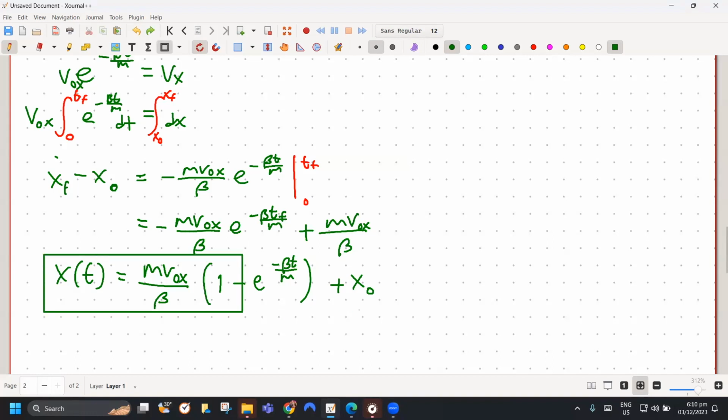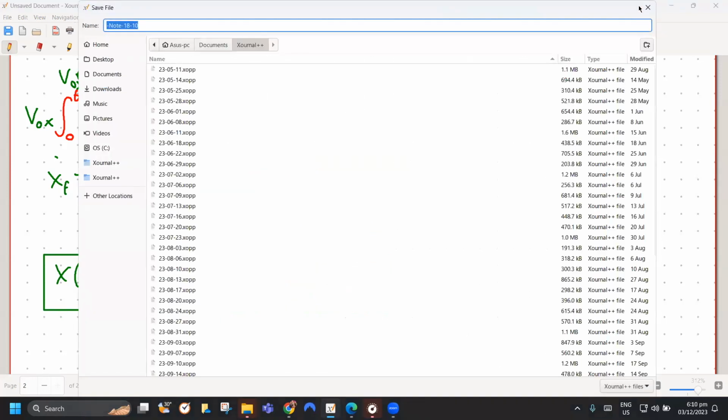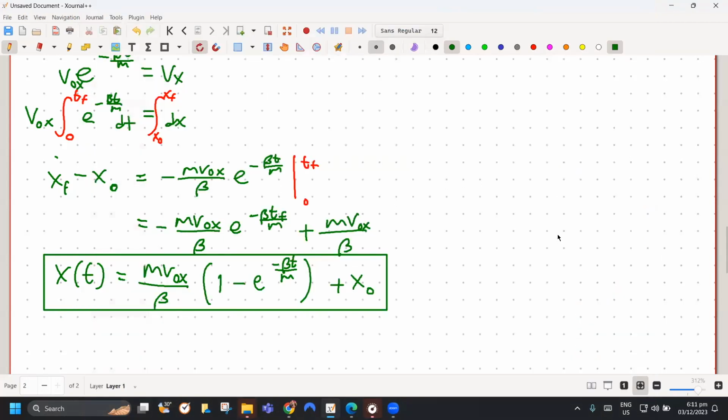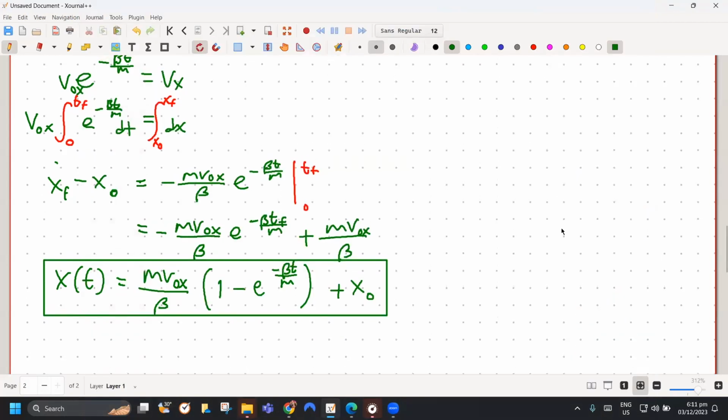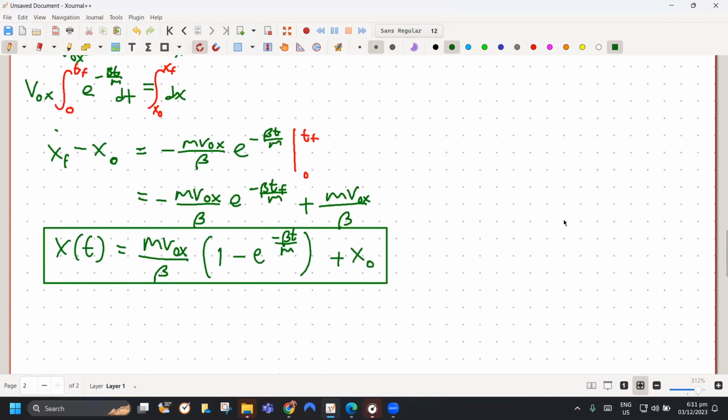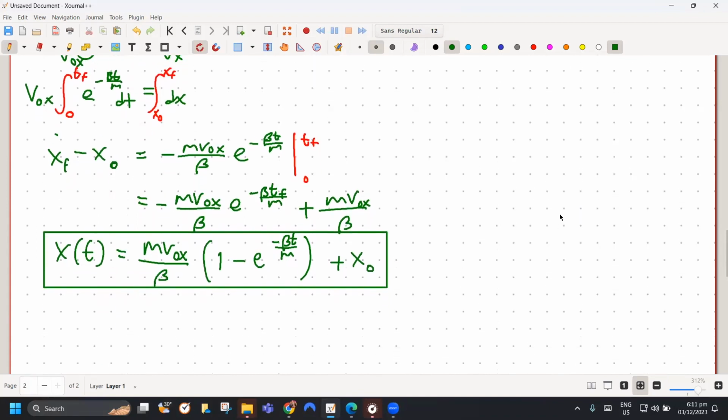Kapag ang velocity, tingnan mo yung differential equation na ginawa natin. It's the same differential equation, kahit na moving left and right lang siya or projectile motion siya.